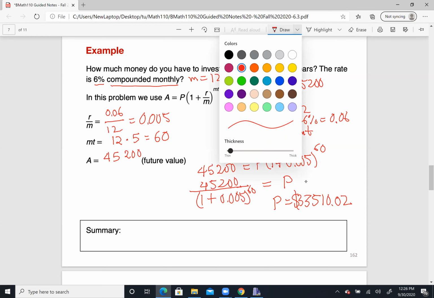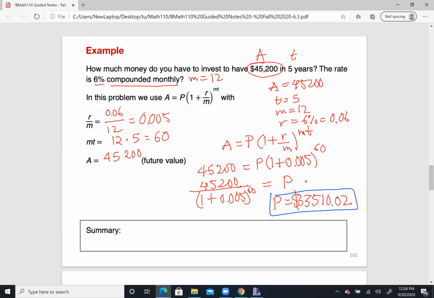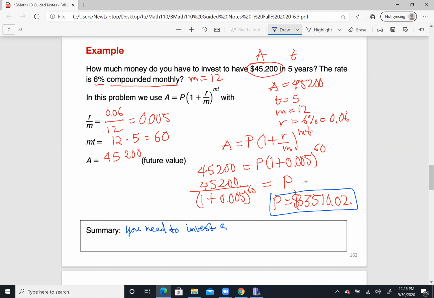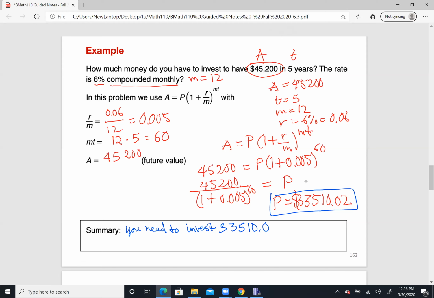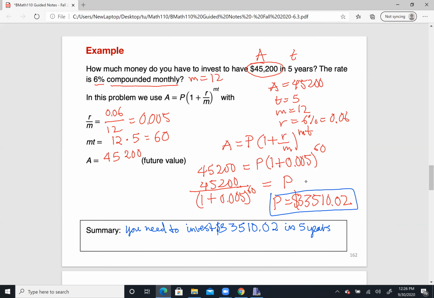So it means you need to invest 33,510 point 2 cents in 5 years to get 45,200 at 6% compounded monthly.